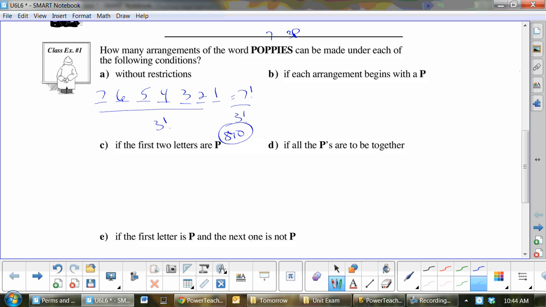So this one's going to kind of give you that anchor. Like, okay, I know what it's going to look like if there are no restrictions. Now, you may ask, well, isn't dividing by 3 factorial a restriction? No. Repeats are not considered restrictions.